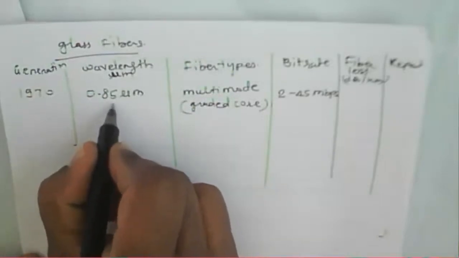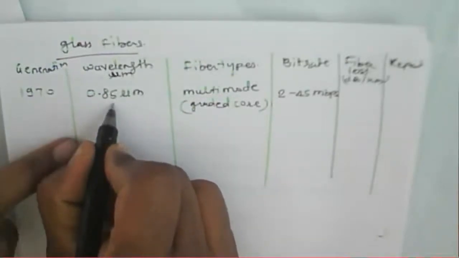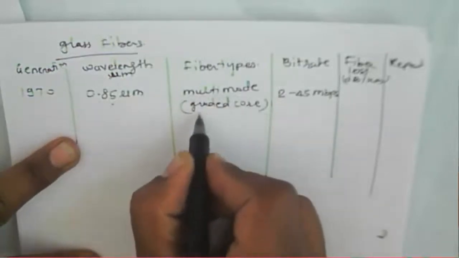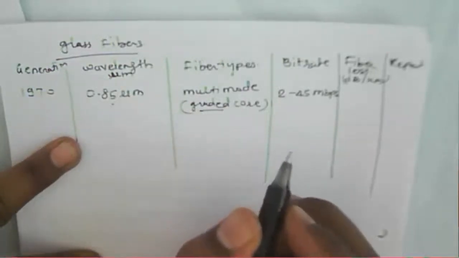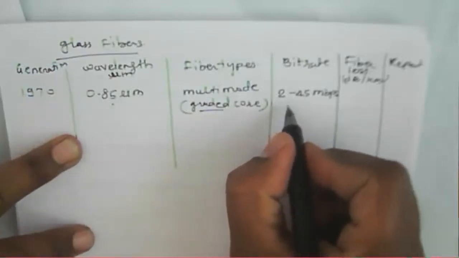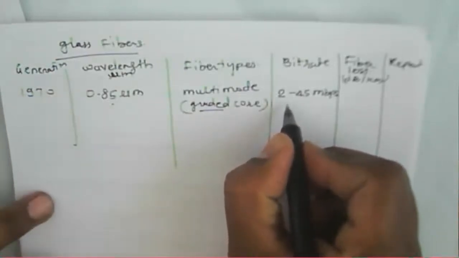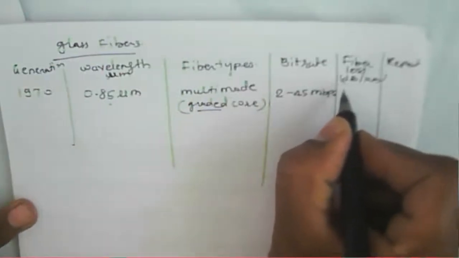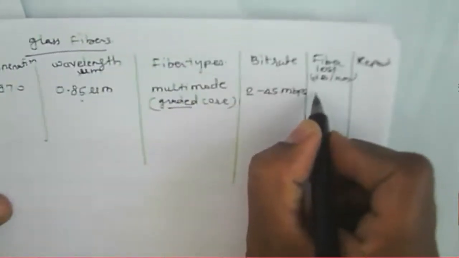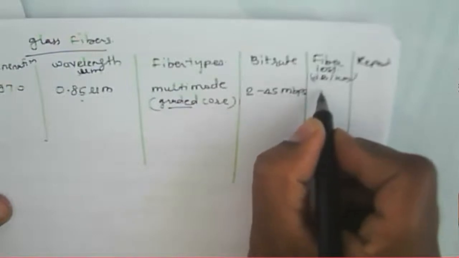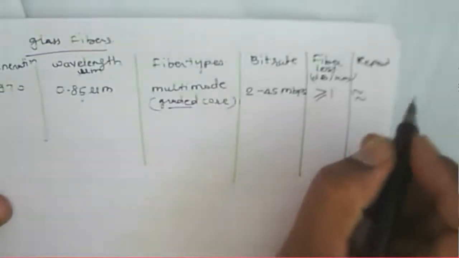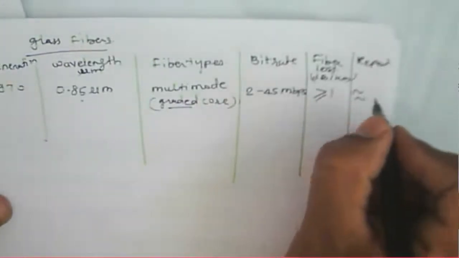Now, if you see that in the 1970s, the wavelength used was 0.85 micrometer, and this fiber is a multimode graded core fiber, and the bandwidth is about 2 to 45 Mbps. The loss of the fiber is less than 1 here.